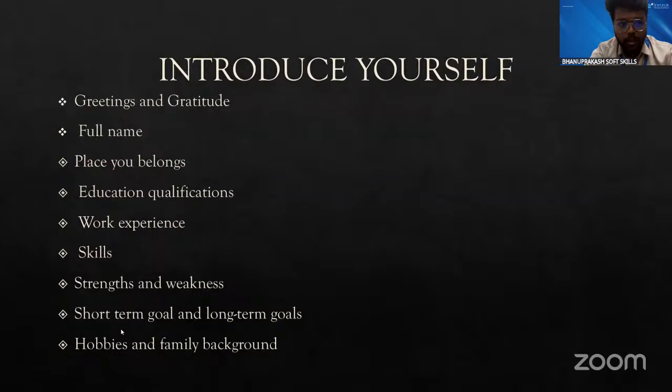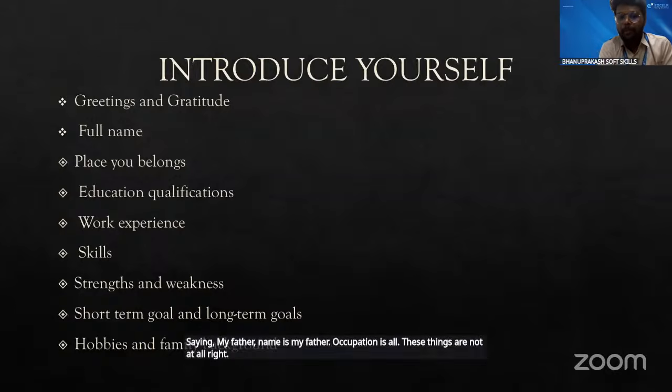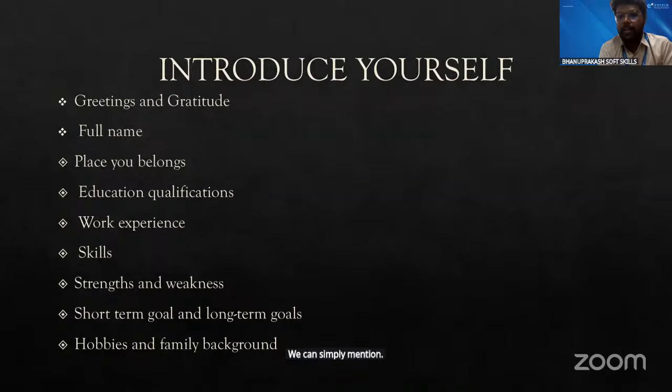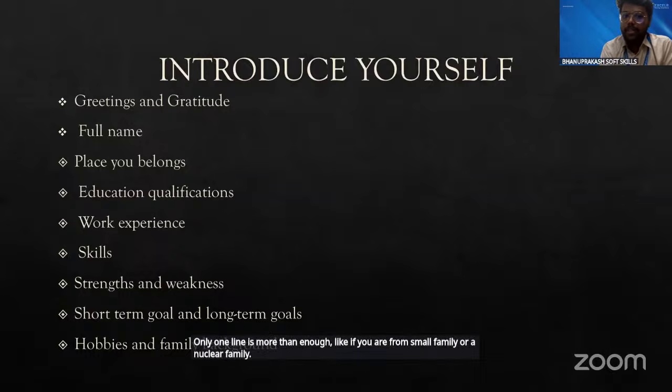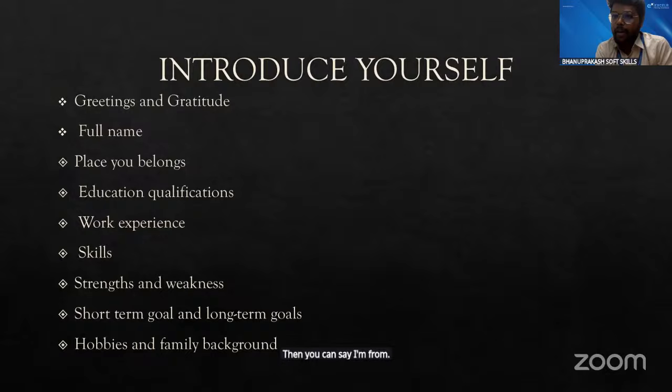Okay, fine. After hobbies, one more thing at last, that is family background. Here in the family background, you don't need to go into much detail saying my father's name is, my father's occupation is, all these things are not at all needed. You can simply mention what is required. Only one line is more than enough. If you are from a small family or a nuclear family, then you can say, I'm from a nuclear family background.